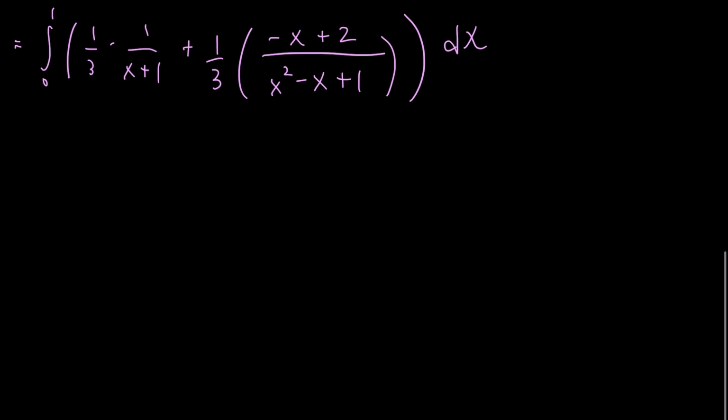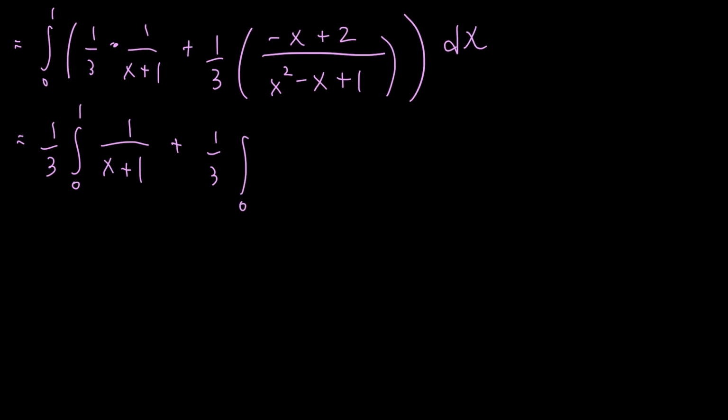And now from here, we could separate the integrals. So we have 1/3 the integral from 0 to 1 of 1 over x plus 1, plus 1/3 the integral from 0 to 1 of 2 minus x divided by x squared minus x plus 1 dx.